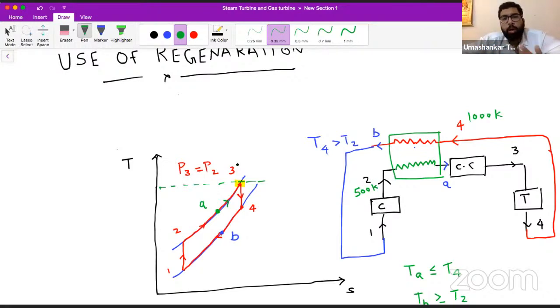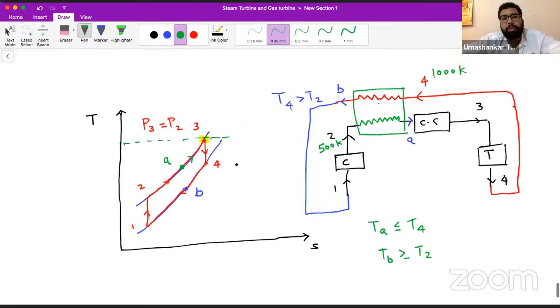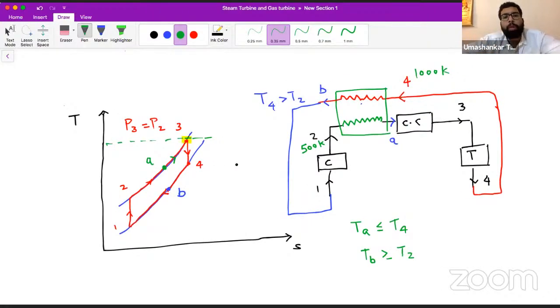We will see. Now, firstly, tell me this concept of regeneration, what is the intention behind this regeneration? Are you able to get it or not?